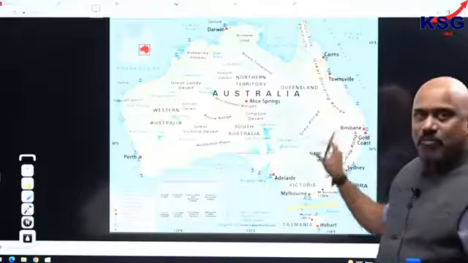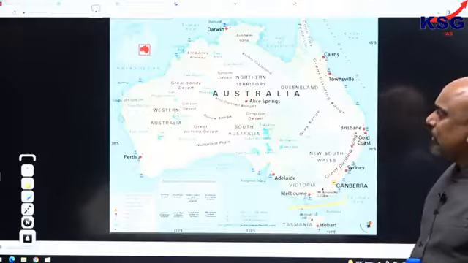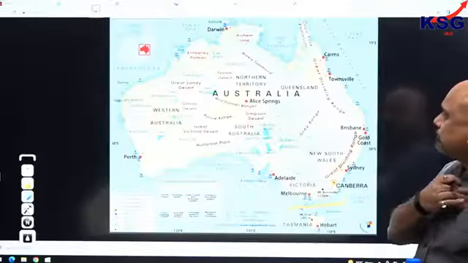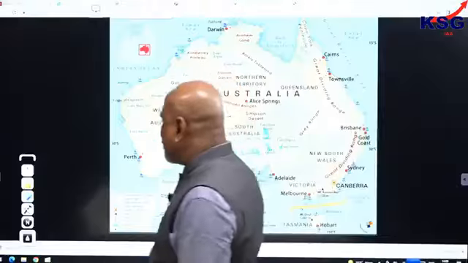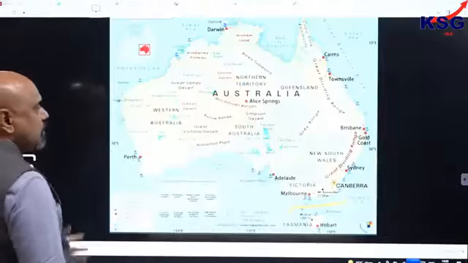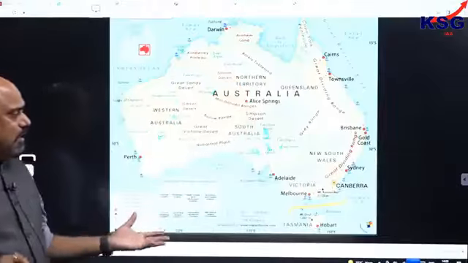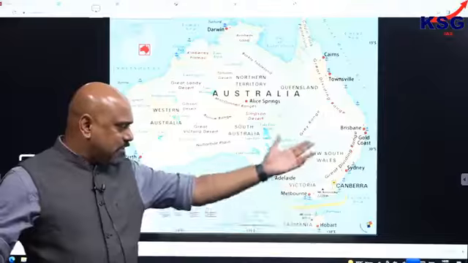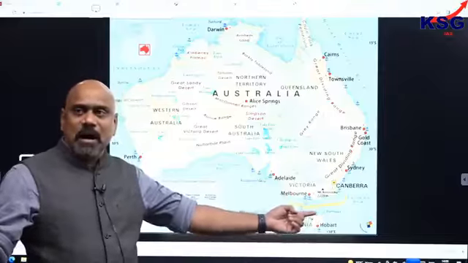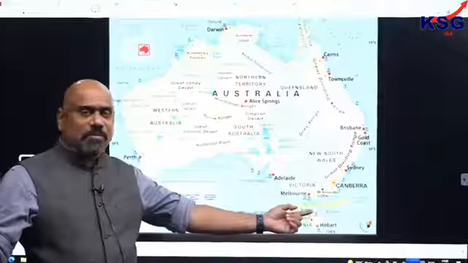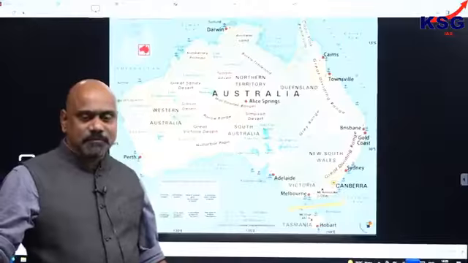This is the map of Australia. South of Australia, the southern part, you see Tasmania island, and here you have the Bass Strait, as I said.